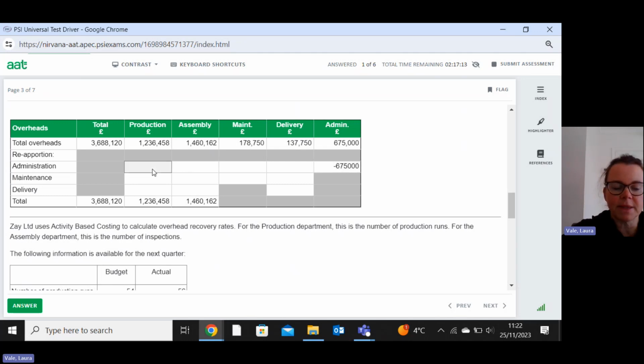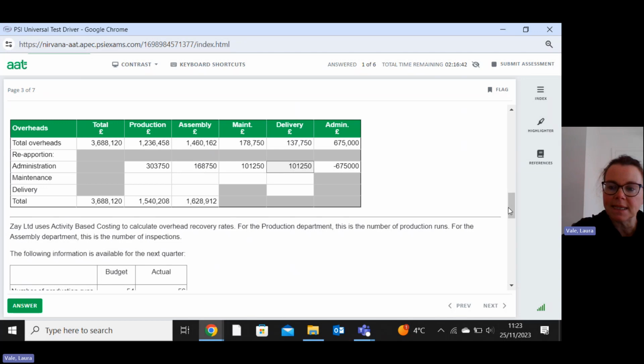So 45% gives me 303,750. 25% gives me 168,750. 15% for the other 2 service departments. So they're getting a reapportionment of the admin. So there's reciprocal service going on here. So that's the first row done.